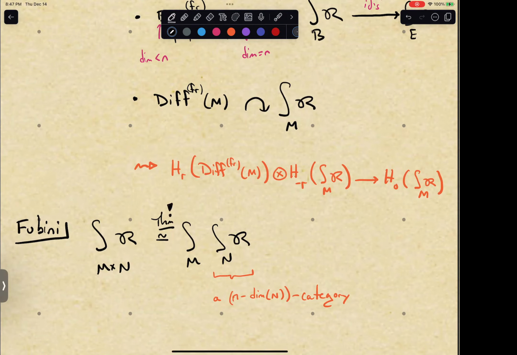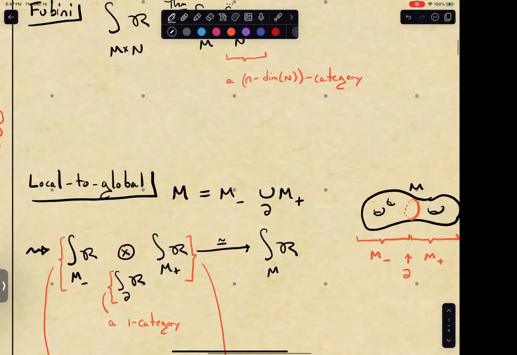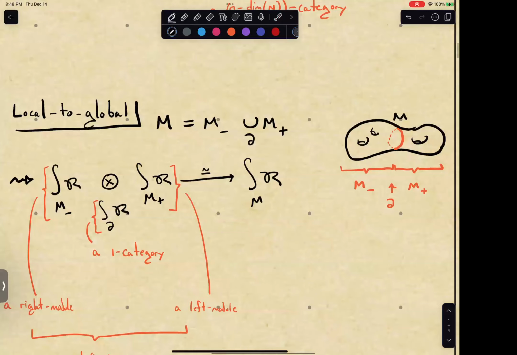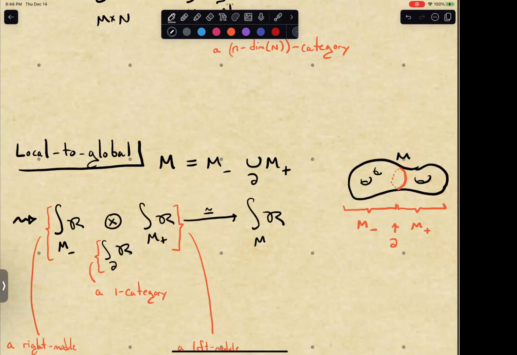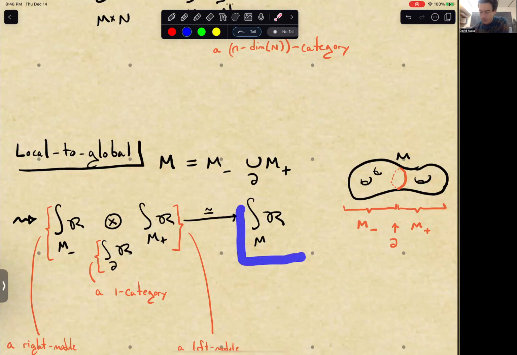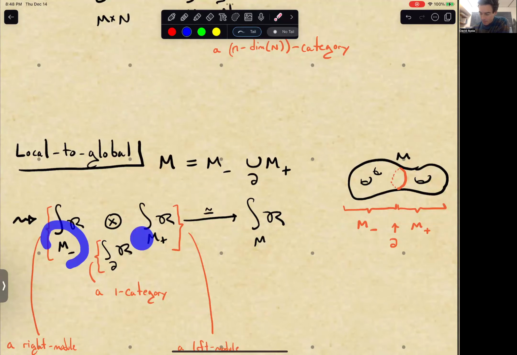And then there's a local to global principle. For those familiar with the alpha version of factorization homology, this might look familiar. It's excision. So if you're given a manifold and a splitting of it, that determines a computation of factorization homology over the ambient manifold as this expression. And whatever this expression means, I hope that you, just by looking at it, can appreciate that the left-hand side only depends on the value on these pieces of the manifold.